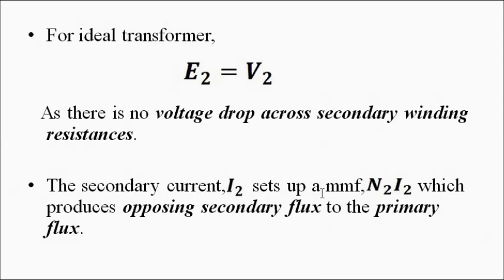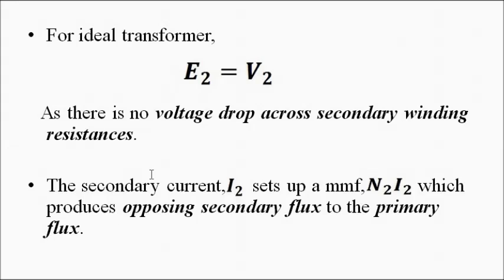MMF or magnetomotive force in magnetic circuits is the same as electromotive force in electrical circuits. Magnetomotive force drives flux, electromotive force drives current. I have already discussed these things in our basic concepts related to magnetic circuits in this electrical machine section. So please check out that video.